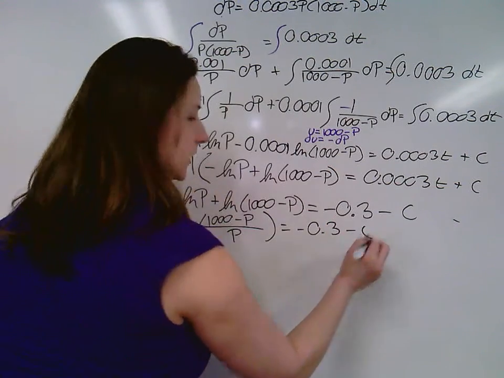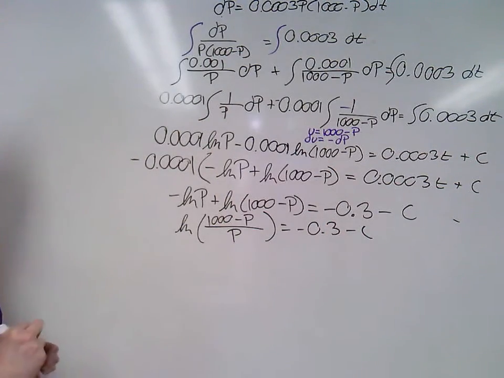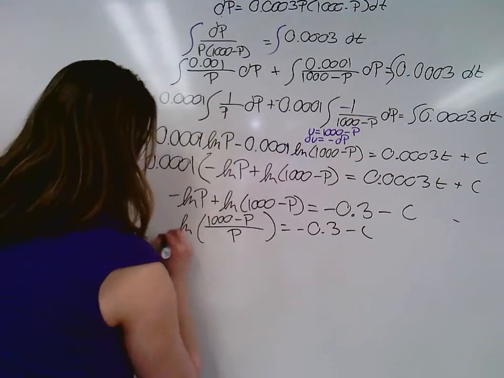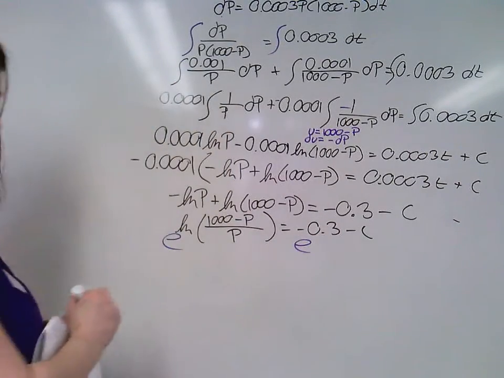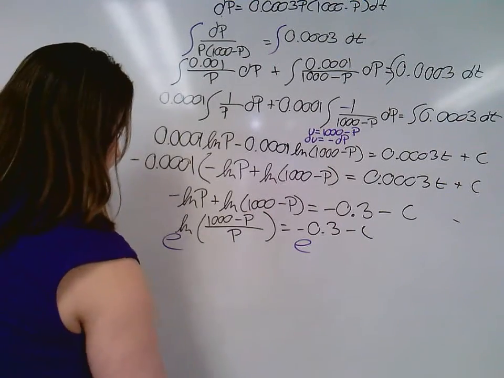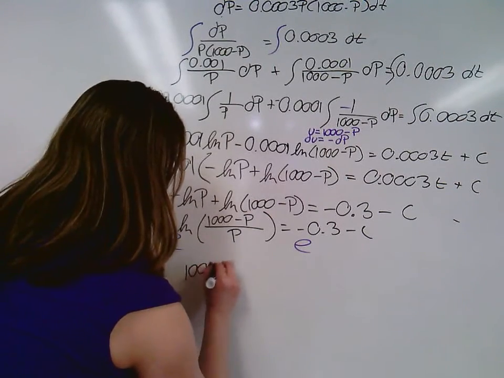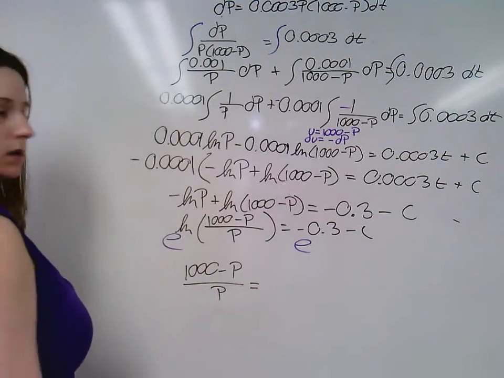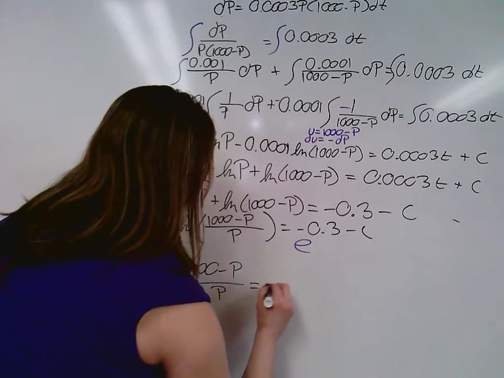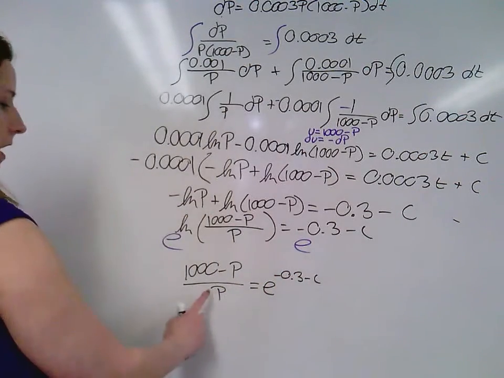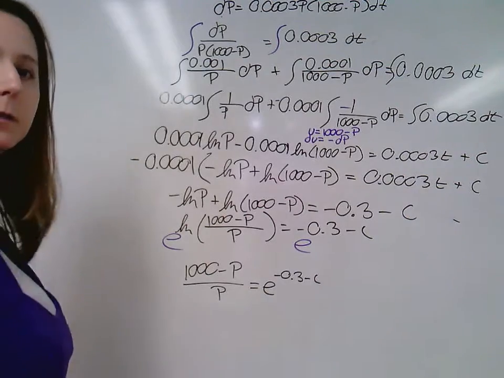Okay, power up by e. So this crosses out, you're left with 1,000 over p equals e to the negative 0.3 minus c. I'm going to split this up because you need to split it up for later.